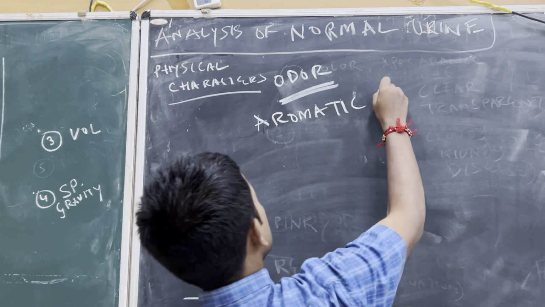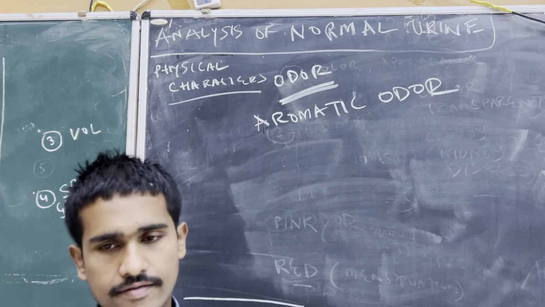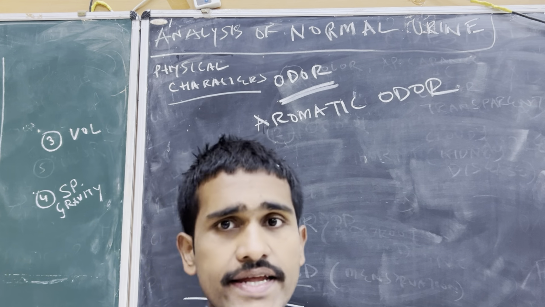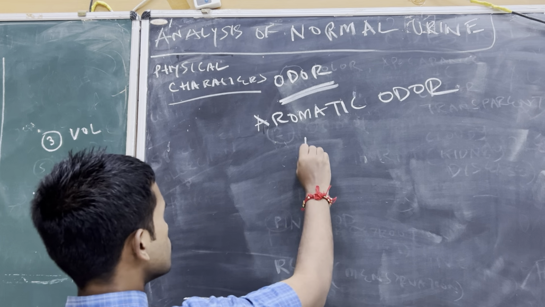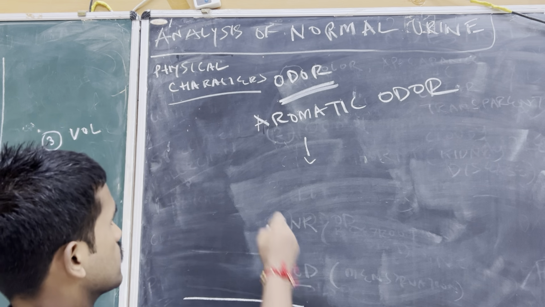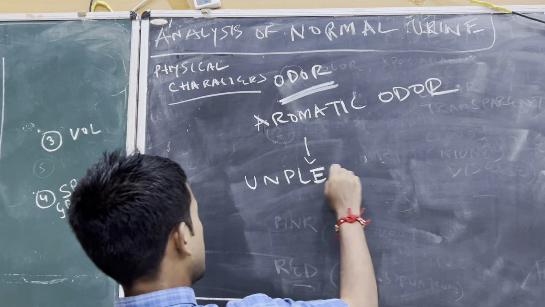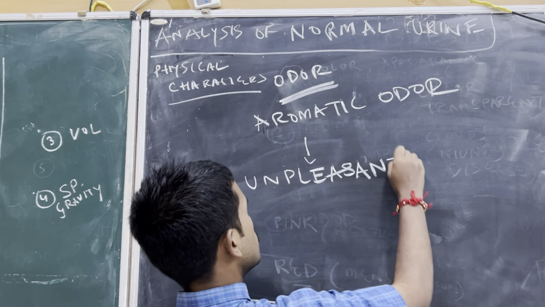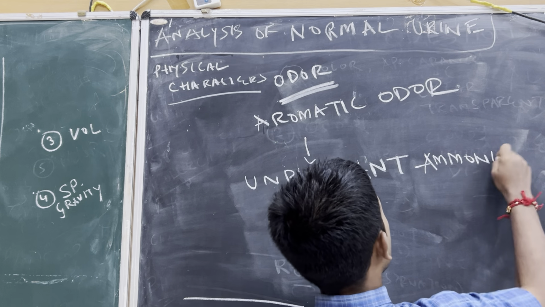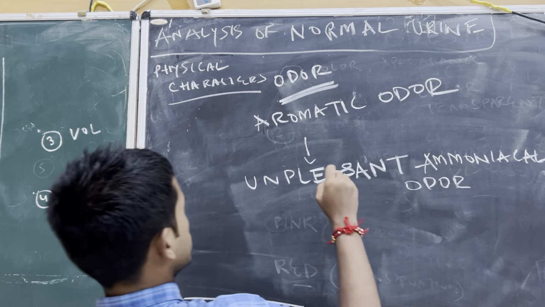What happens is, if the urine stands for a long time, then it will undergo bacterial decomposition, and then the odor becomes unpleasant. Unpleasant ammoniacal odor on standing for a long time.